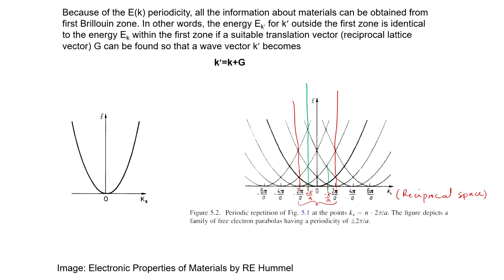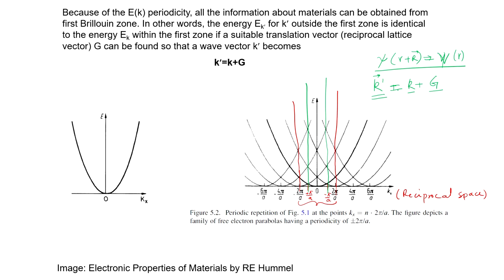We do not need to look elsewhere, because everything else is identical in any other zone, because as I said, psi at r plus R is equal to psi at r, where R is the lattice translation vector. Similarly, in reciprocal space this also follows, and any wave vector k prime is equal to k plus G. So, if you translate any wave vector by G, they are all identical.